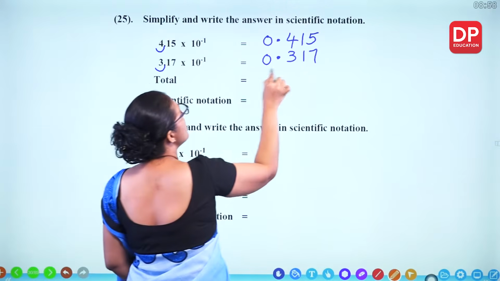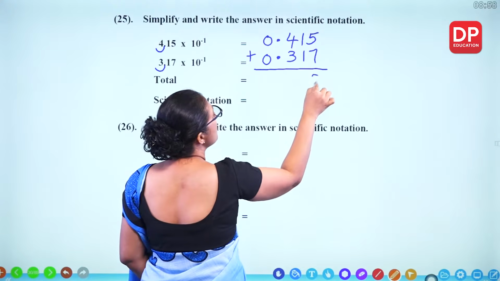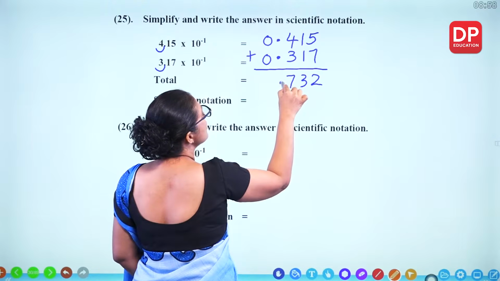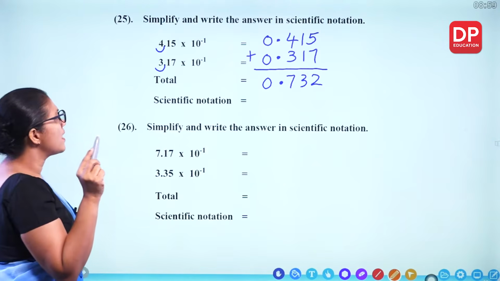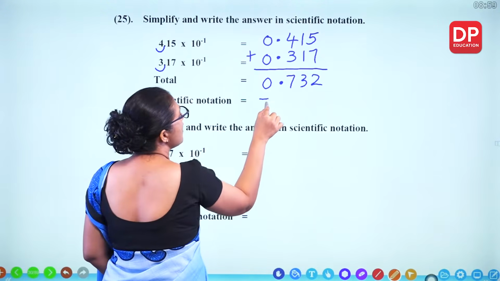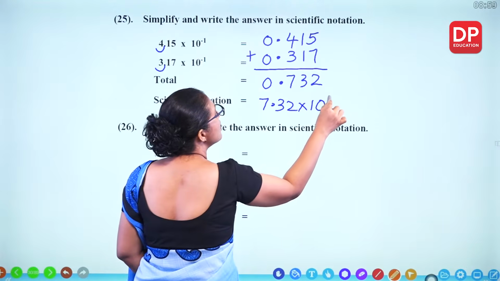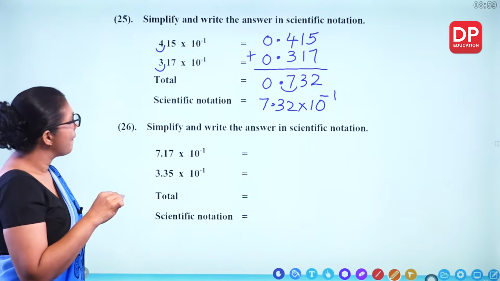Now the total, adding these two. 7 plus 5, 12, 1 remaining. So 3, 7. So that's the total. Now write this in scientific notation. I can write 7.32 times 10 to the power minus 1, 1 place to the left.